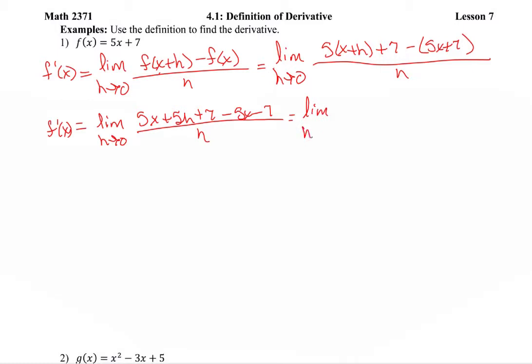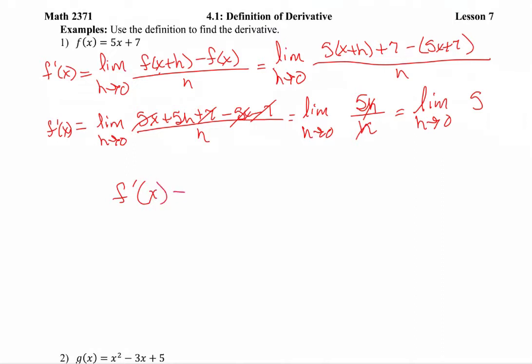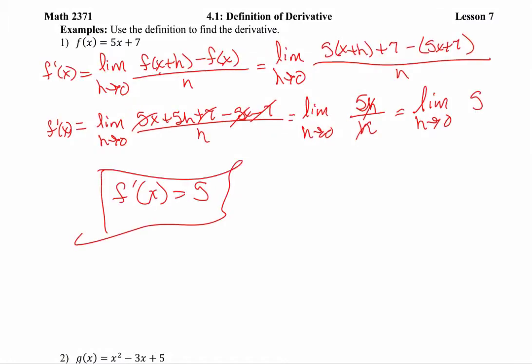Limit as h goes to 0, and I'm left with 5h over h. My h's cancel, so that gives me the limit as h goes to 0 of 5. The limit of 5 is 5, so f prime of x is 5. So notice that the limit of a line is simply the slope of that line.